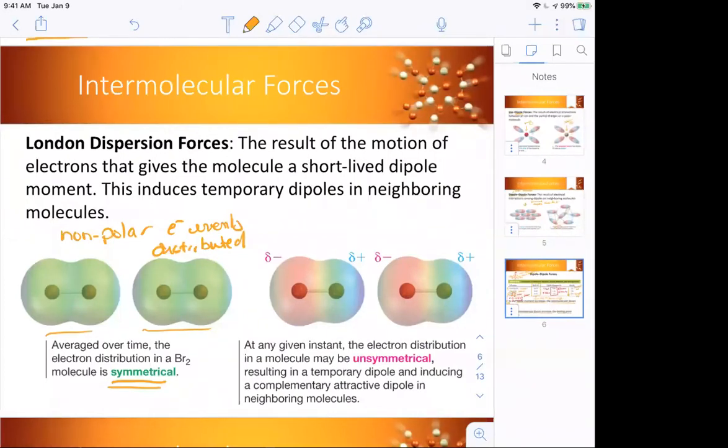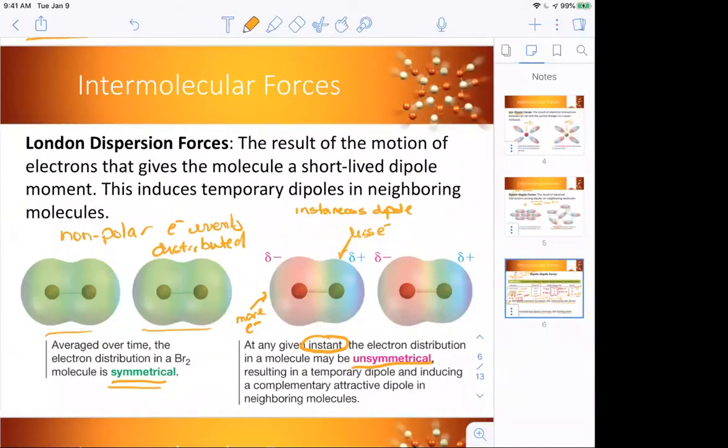Now, at any given instant, the electron distribution in a molecule may be unsymmetrical. So at a particular instant, I get an instantaneous dipole, which means at that moment, more electron density is on this side and less electron density is on this side, right?